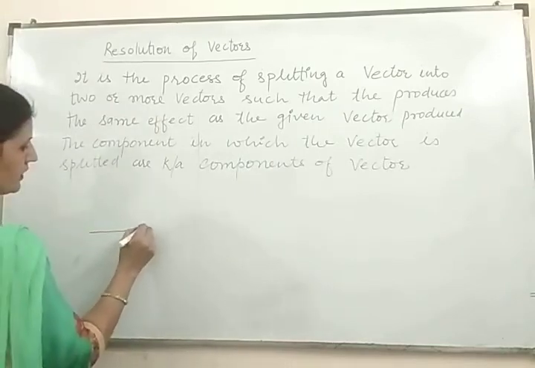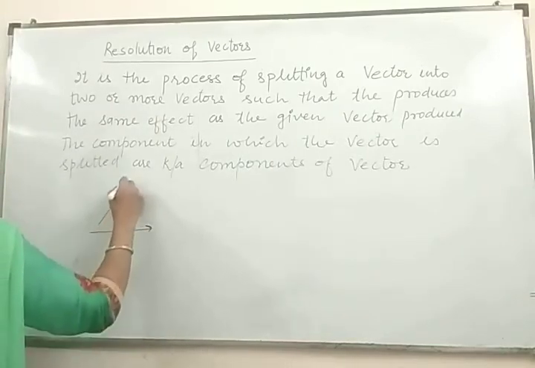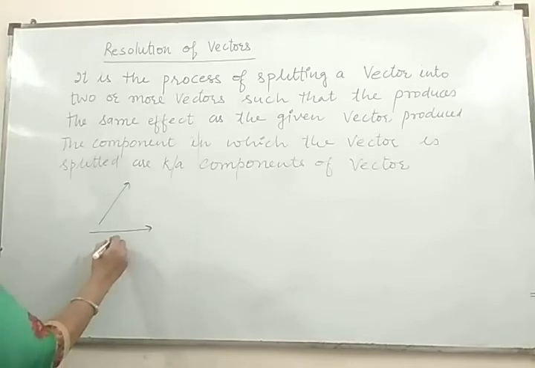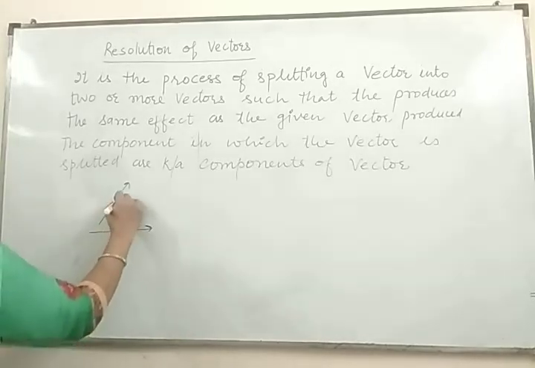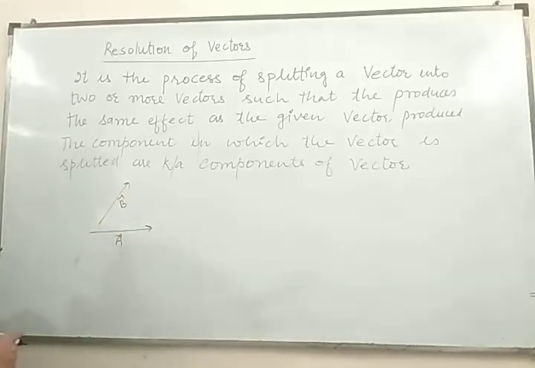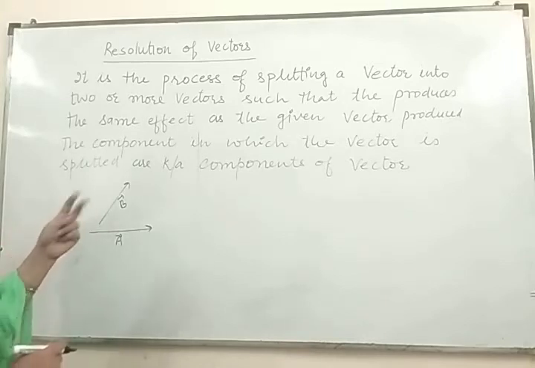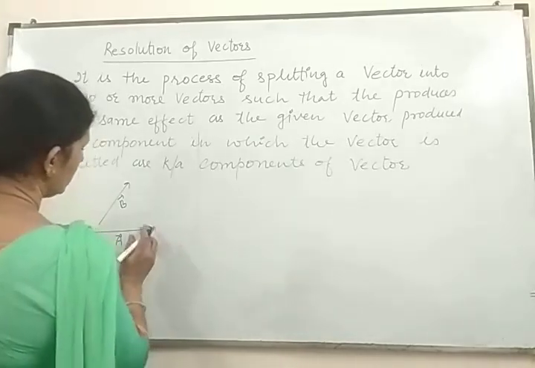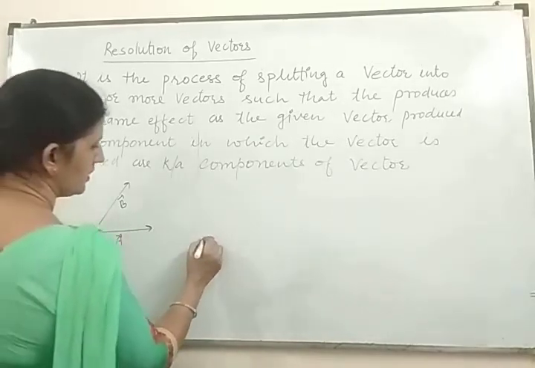How can you understand this? Suppose one vector is like this and another vector is like this, these two vectors A and B. These are free vectors. Now how can you resolve them? Draw the same vector here.